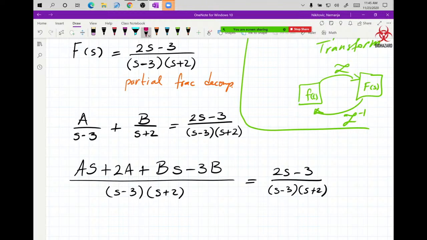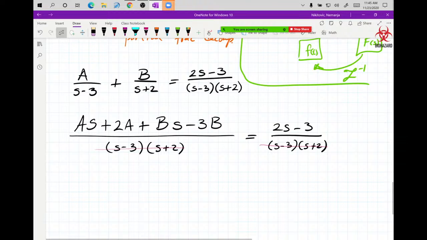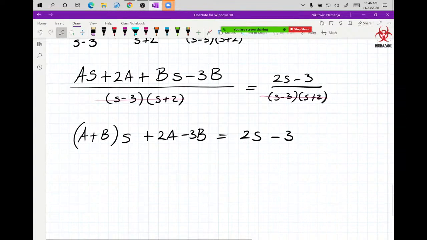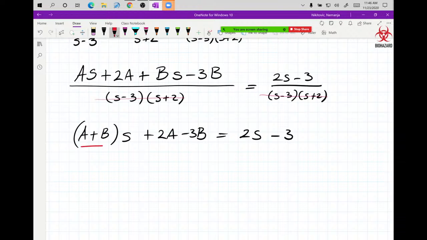Now you see that the denominators just drop when you multiply through with the same denominator, and you are left with the top. You factor out s, so it's a plus b times s plus 2a minus 3b equals 2s minus 3. From here, you equal the coefficients.